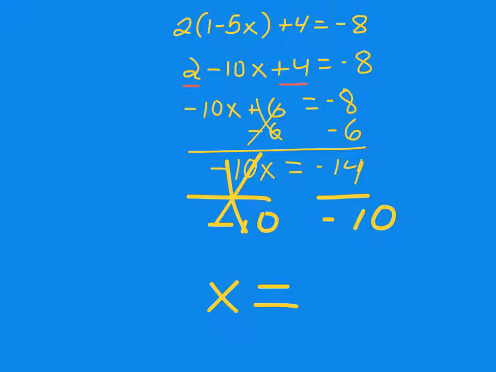A negative divided by a negative is going to be a positive. You can probably do this in your head, but I'll go ahead. Our answer should be x equals 1.4.